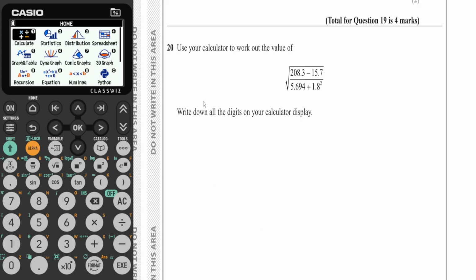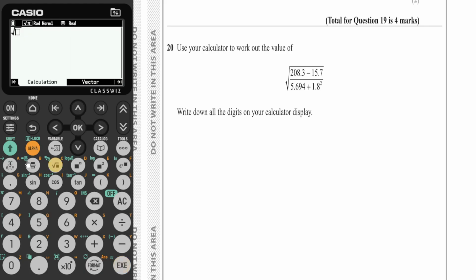Question number 20. We have to use our calculator to work out the value of the square root of 208.3 subtract 15.7 over 5.694 plus 1.8 squared, all square rooted, and write down all the figures. So here we've got the square root of, and then we press the fraction button.